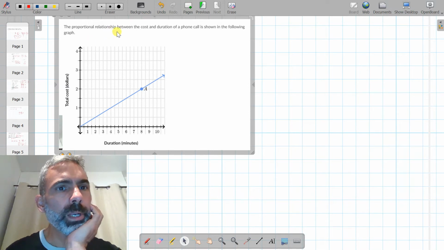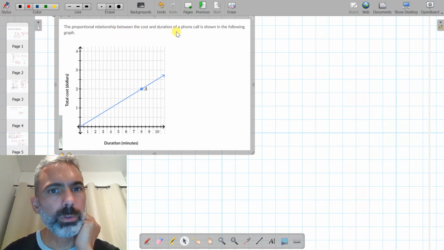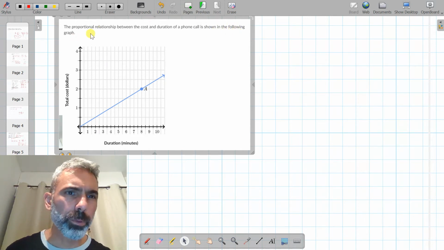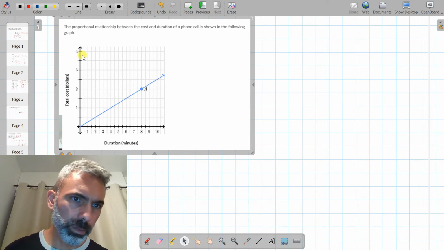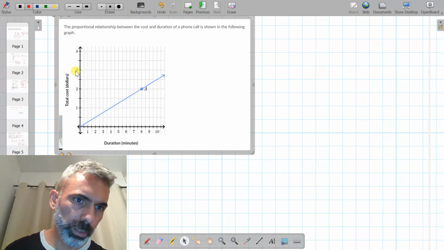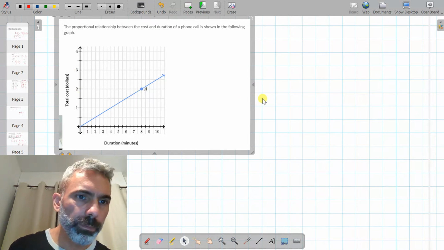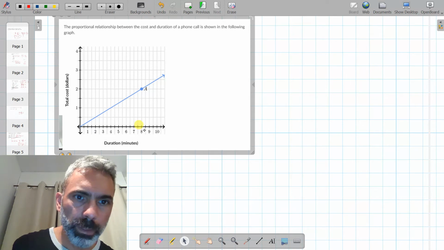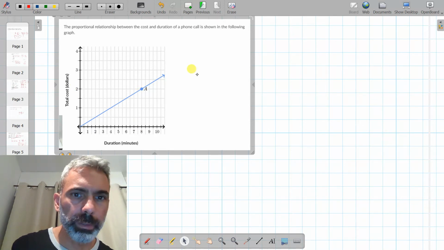The proportional relationship between the cost and the duration of a phone call is shown in the following graph. Okay, so y is cost and x is duration in minutes. So we see that for every 8 minutes, the cost is $2.